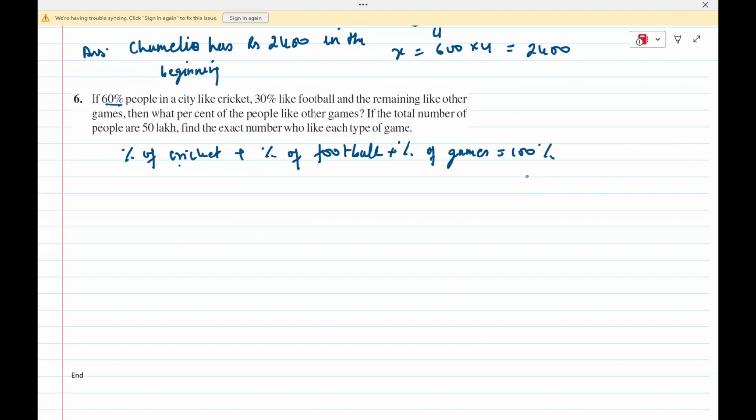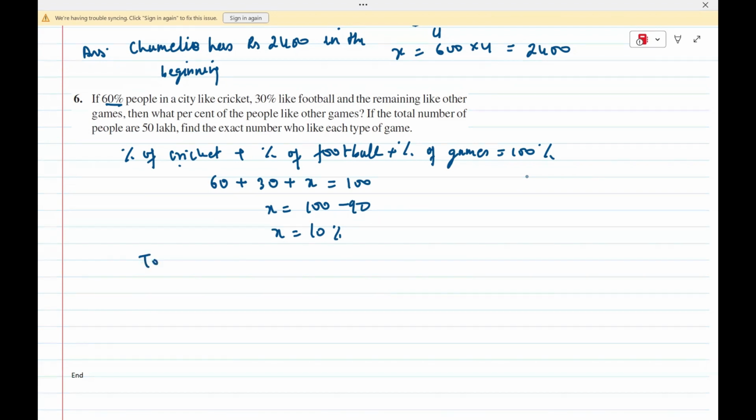Correct? Cricket percentage they have given 60, football 30, and other games X, so total 100. So X will be how much? 100 minus 90, so X is 10%. Correct?